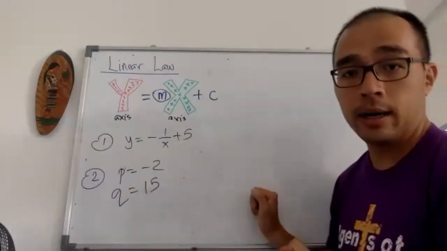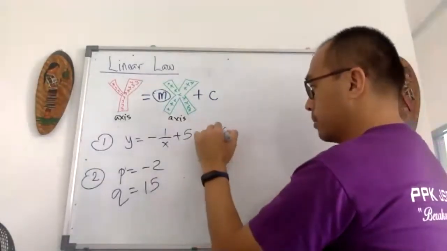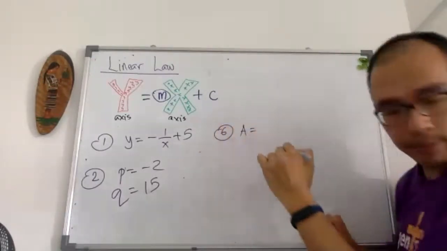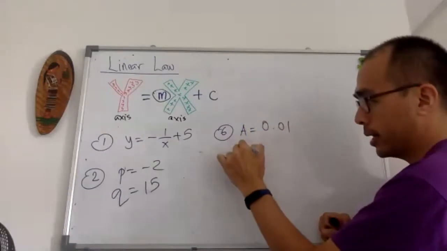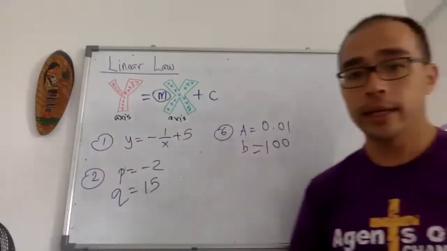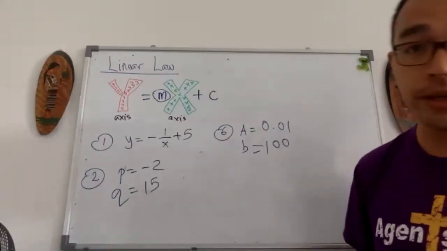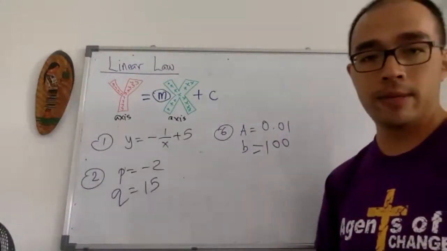Okay. Vincent, if there's a mistake, please let me know. Okay, number 6. Number 6 is a little bit tough, but it's only difficult because they changed the number. 0.01 and then b is 100. Okay, take some time to jot down the answers, and then I will go into question 3, 4, and 5. A lot of you have problems with question 5, which I will come to in a while.